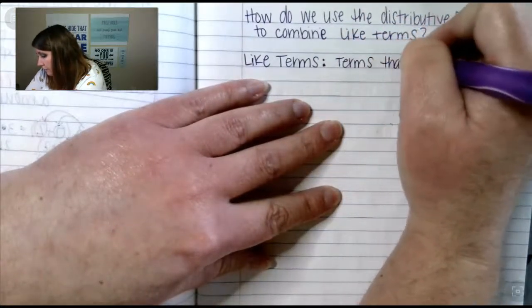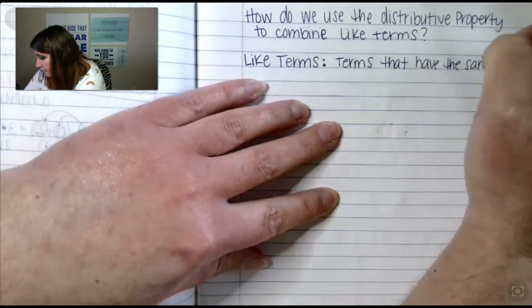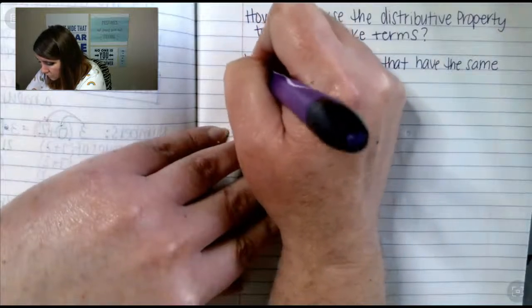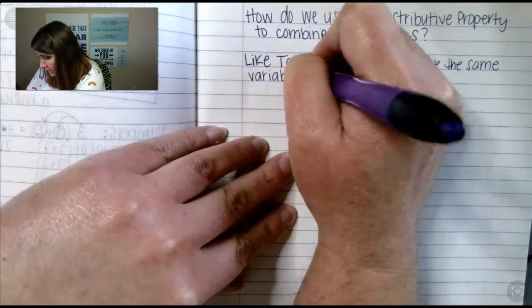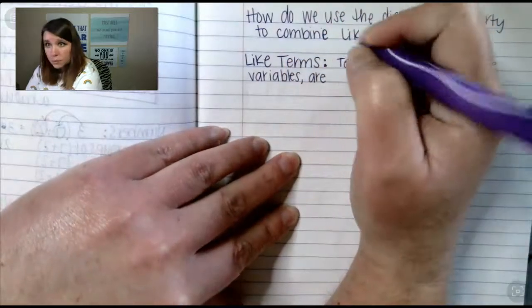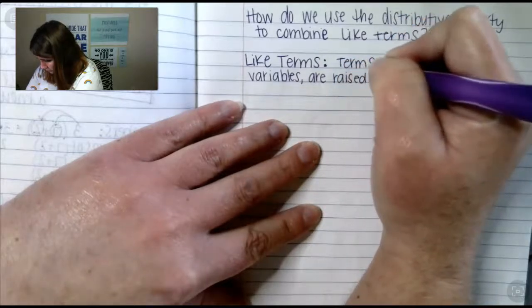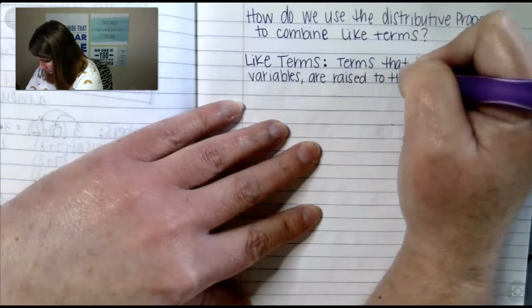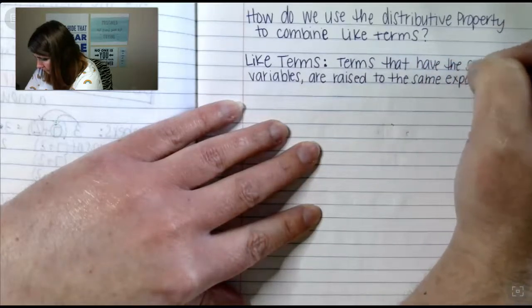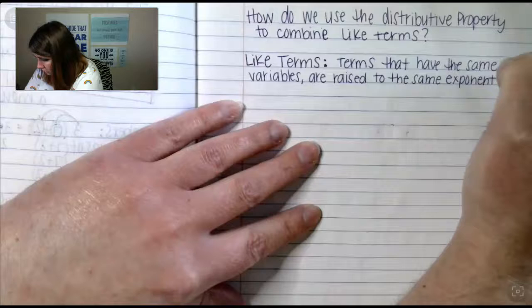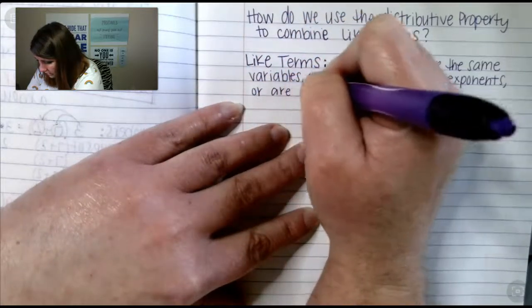So like terms are terms that have the same variables, are raised to the same powers, or exponents, or are constants.